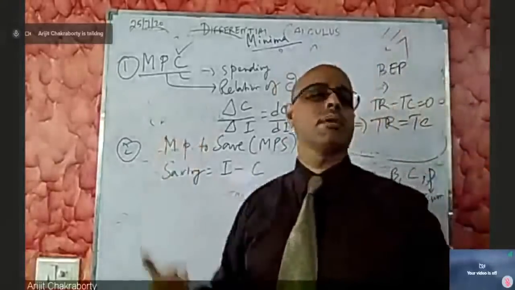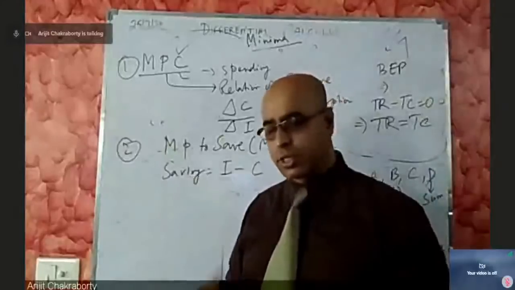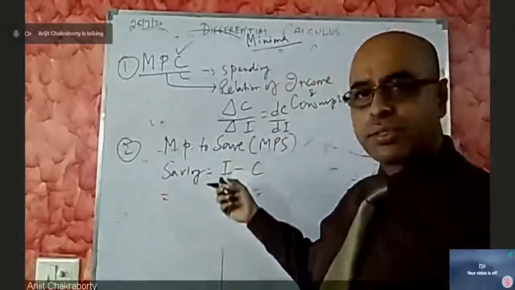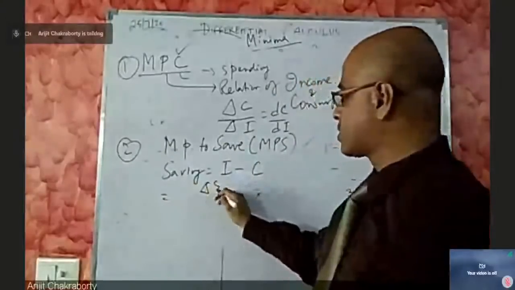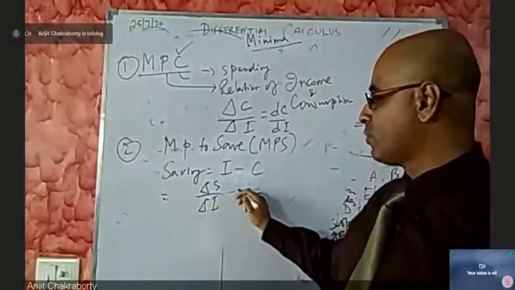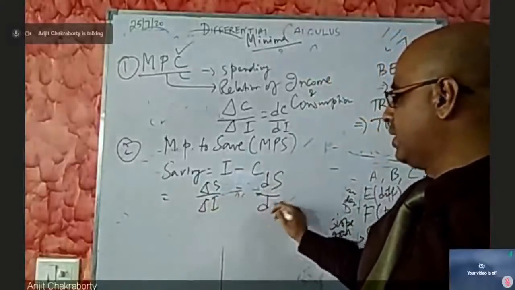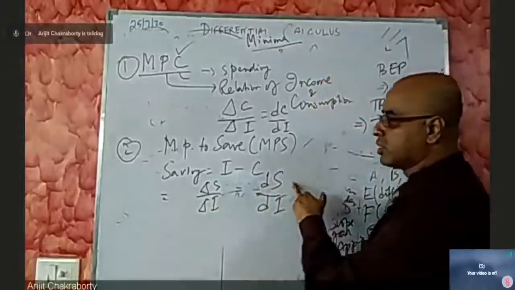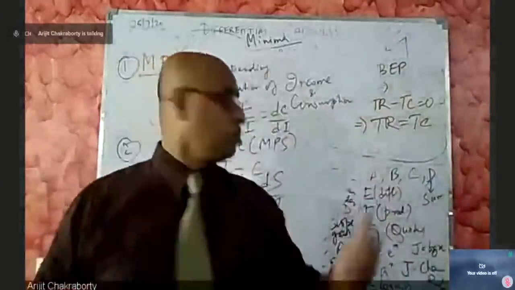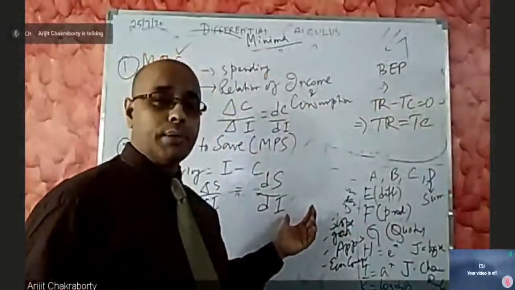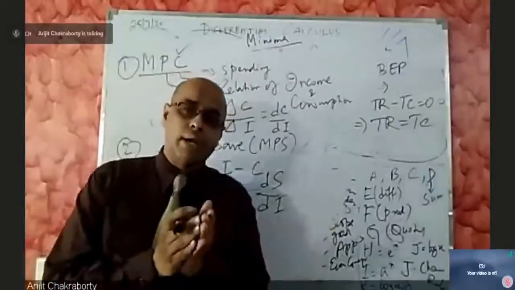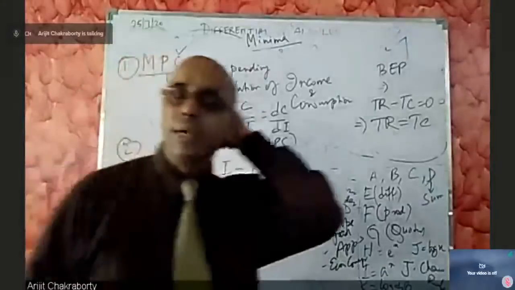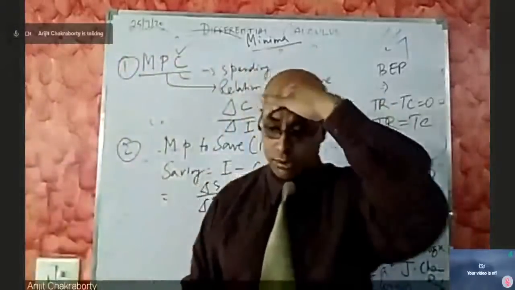As income goes up or comes down, definitely my saving will undergo a change. So this also can be said to be the rate of change in saving, delta S by delta I, where I is my income. So this is dS by dI, the differential coefficient of the savings function with respect to income. That means if the income changes by a small amount, what is the impact on the savings? And savings means my income minus my consumption.